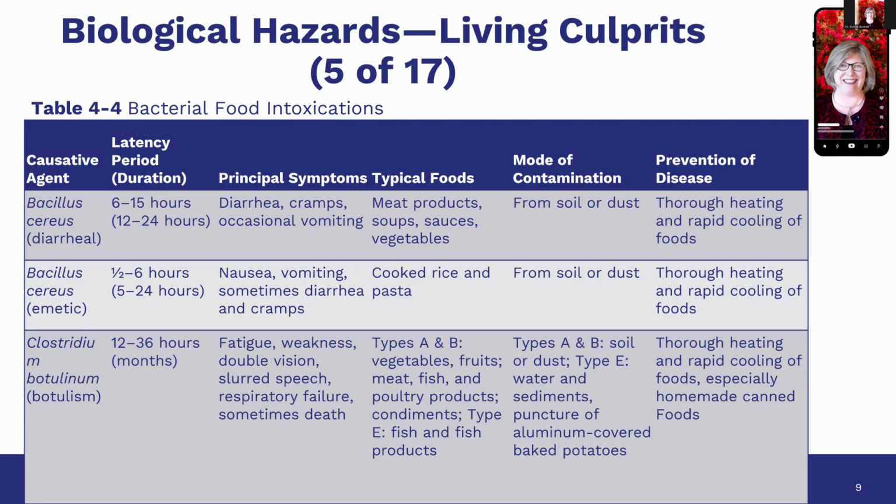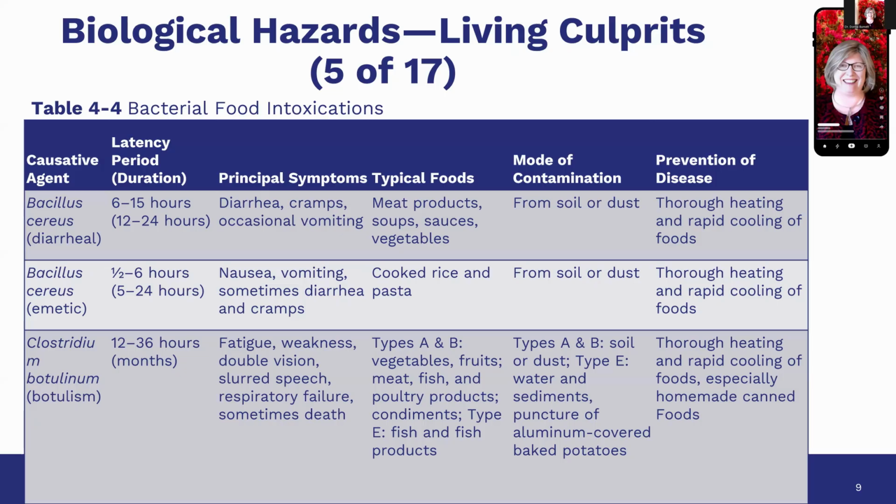And in this chart, you're going to see that's a little different than the other two causative agents, Bacillus cereus, where you have a diarrheal type and an emetic type, which we'll talk about. And so you'll see a little bit of a difference in the symptoms. Look at the typical foods. We have meat products, soups and sauces, once again, vegetables, cooked rice and pasta.